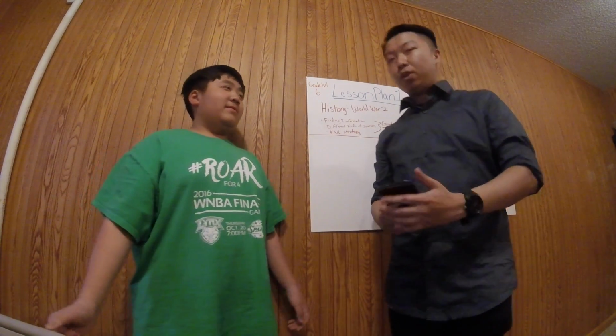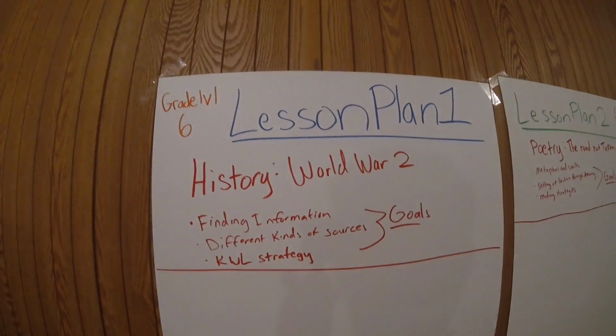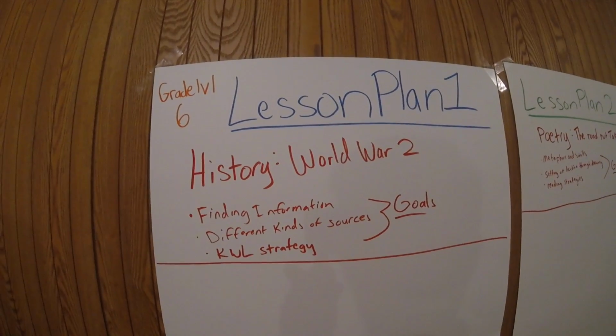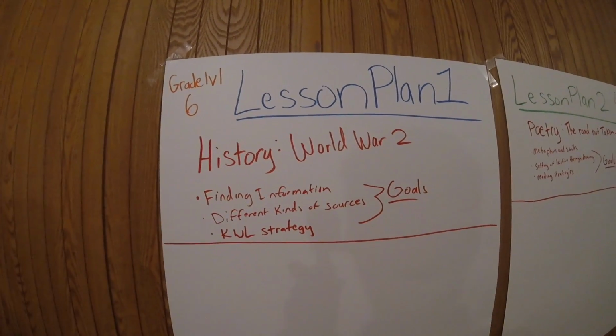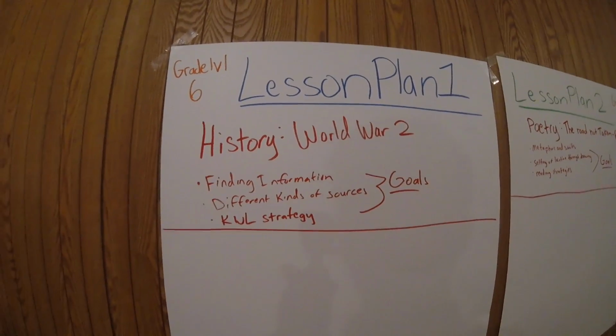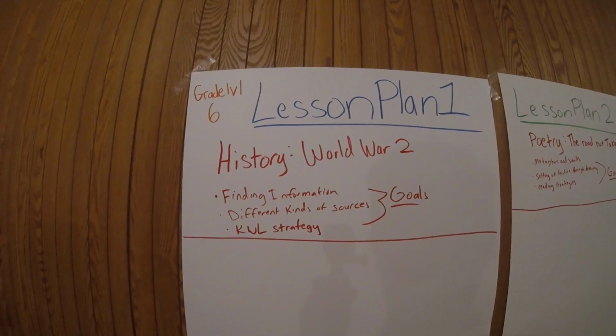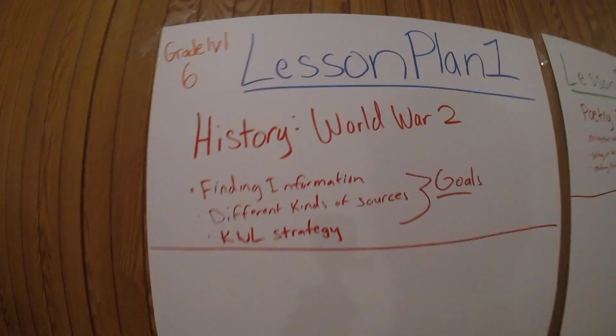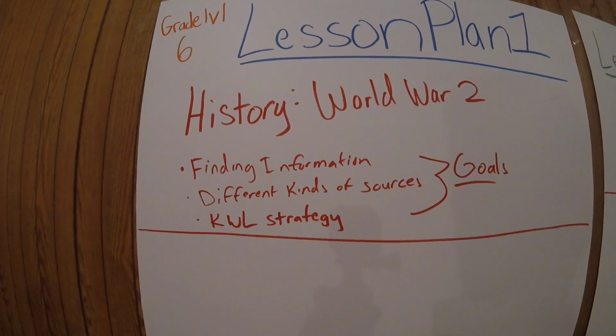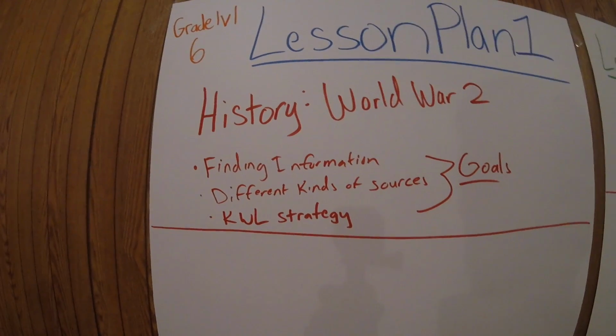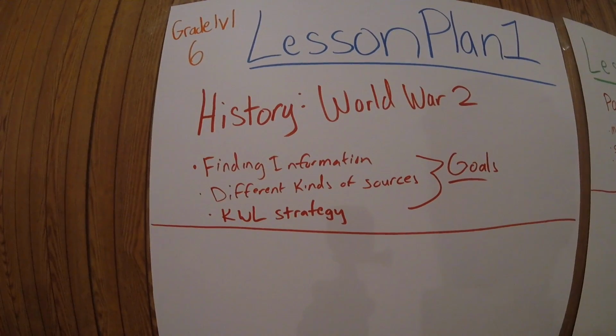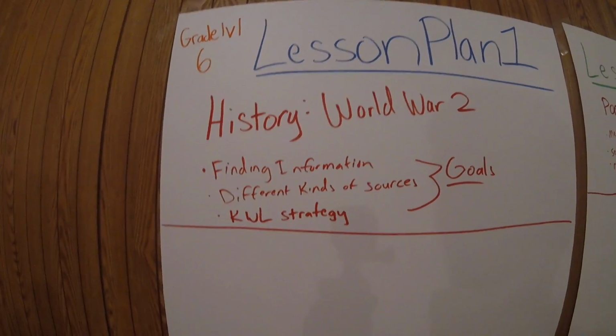Okay, cool. So the first lesson plan that we're going to be working on today is a lesson plan about history, about World War II. That is a topic that Felix told me that he is covering and is learning more about recently. So the goals that we want to cover for this is finding information, how to find it, through reading or through technology.